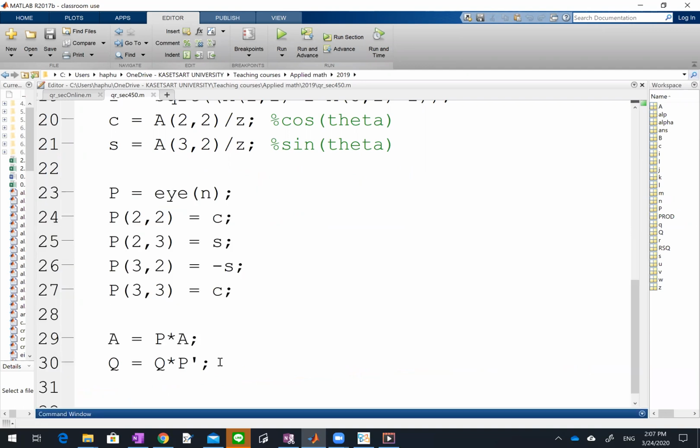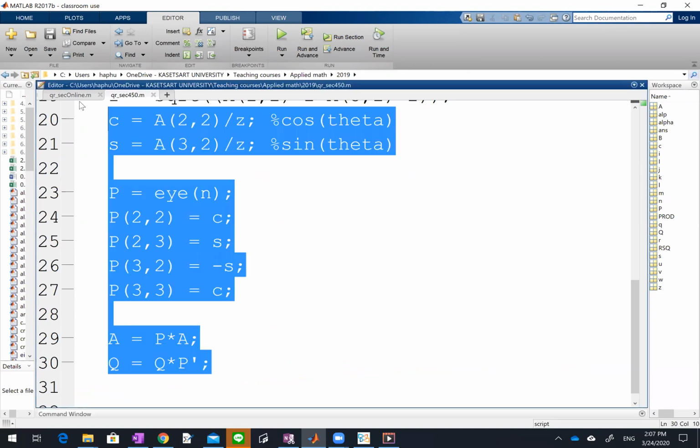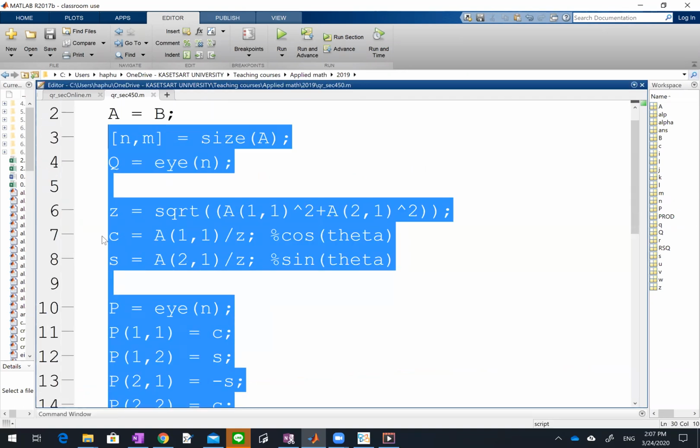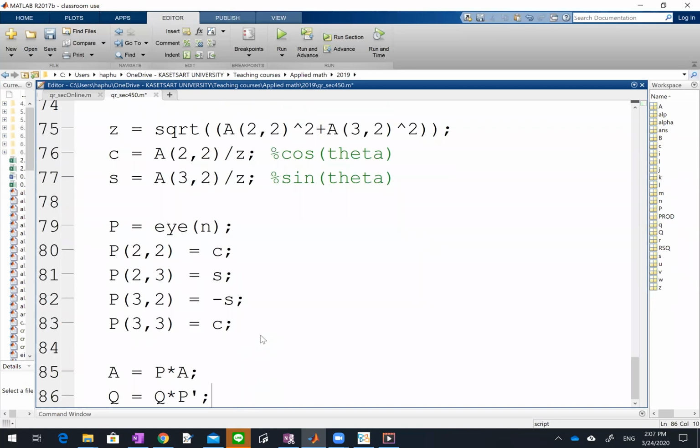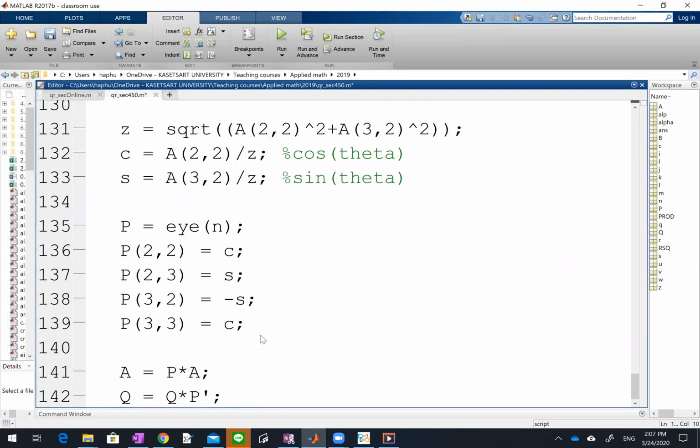So if I copy everything starting from here, copy, and then paste it.